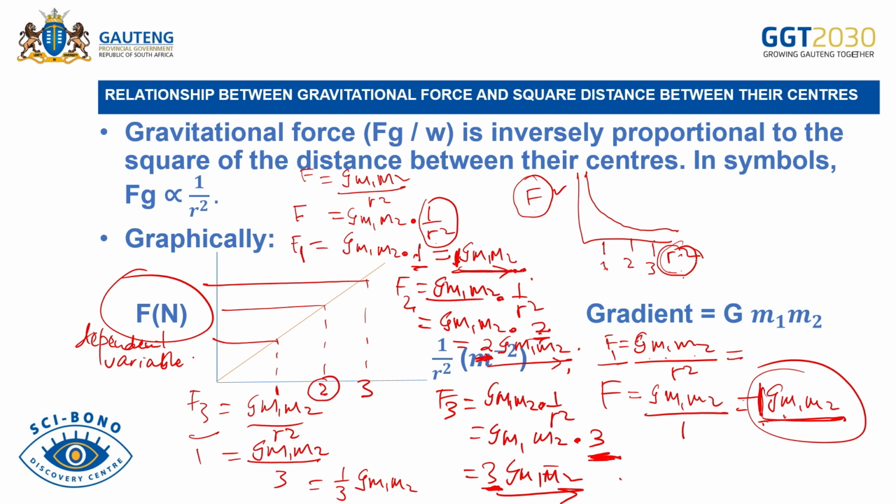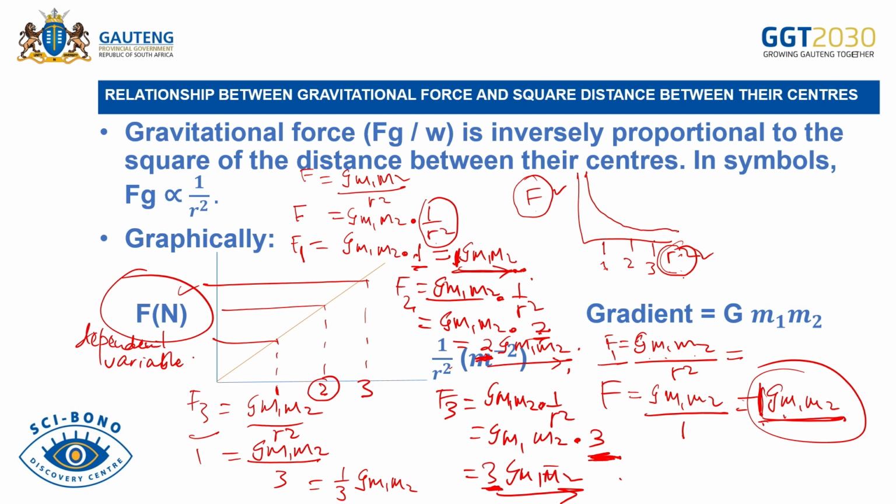But between F and R squared, the relationship is inversely proportional. But between F and the inverse of R squared, the relationship is directly proportional. Right. So already we have talked about the dependent variable and independent variable. Now, let's look at the gradient. The graph is a straight line. We can talk about the gradient.